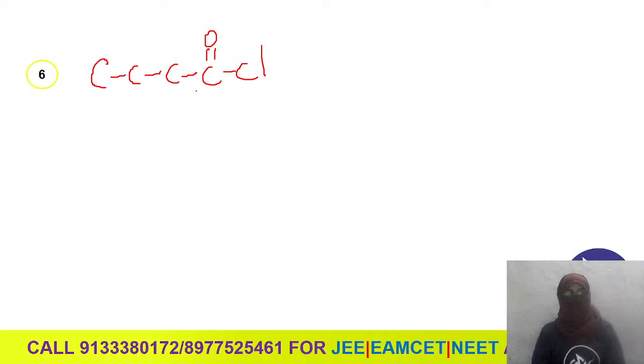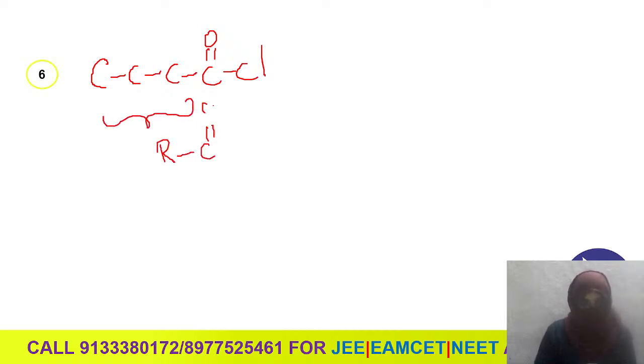Whenever you just look at the structure, please first identify the functional group. This is R carbon chain, this is CO, and this is halogen X. RCOX is known as acyl halide. So we have identified the compound is acyl halide.